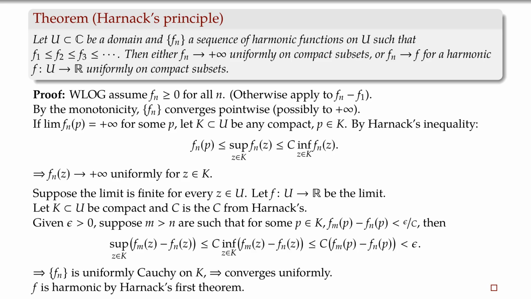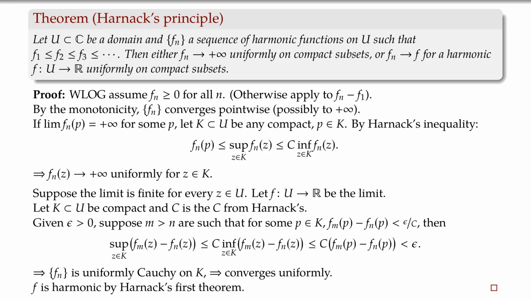So here, just because we have an increasing sequence, it almost works like if it were numbers, right? You get a limit, it's either infinity or harmonic. It's almost like what you would get for a monotone sequence of real numbers. It's kind of weird that you would get it for functions, and all you need is harmonic.